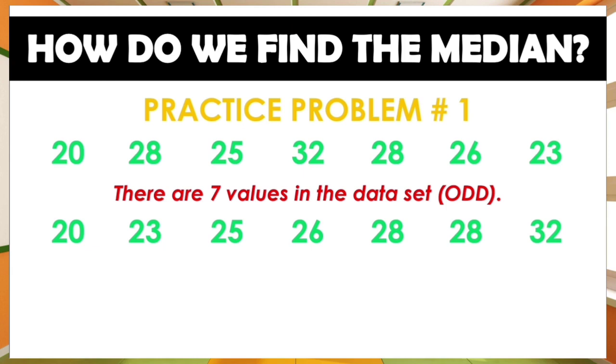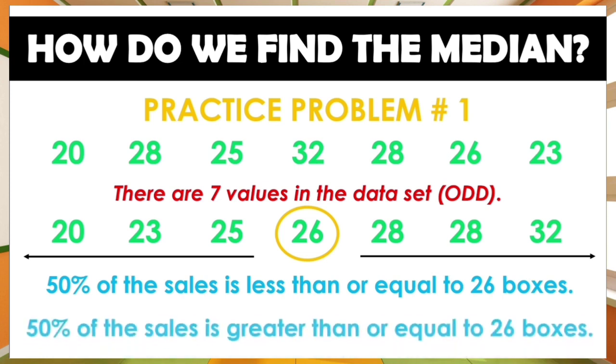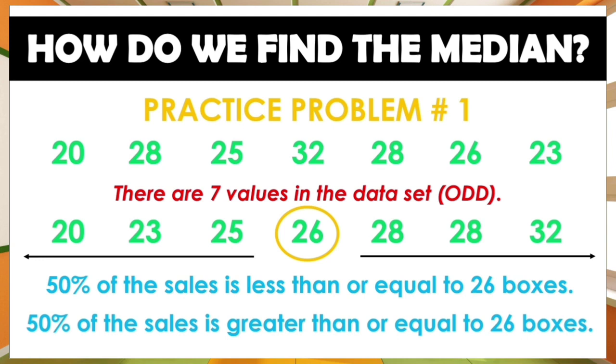Based on the arrangement, we can conclude that the median is 26. This means that 50% or half of the sales is less than or equal to 26 boxes, while the other half is also equal or greater than 26 boxes.